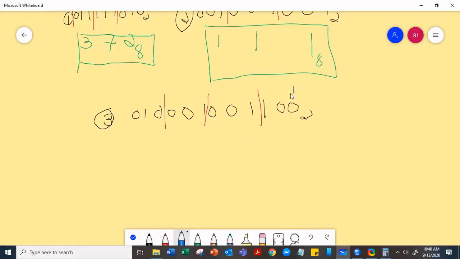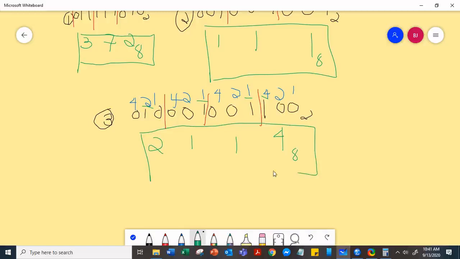We put in 1, 2, 4 at the top. We use those that have 1s at the bottom. So we have 4, we have 1, we have 1, and we have 2. So the answer is 2114 base 8.